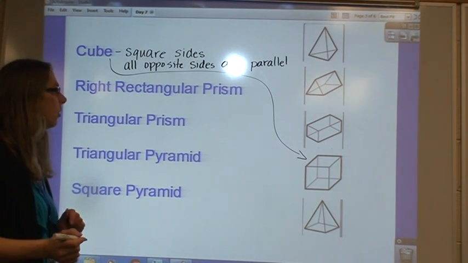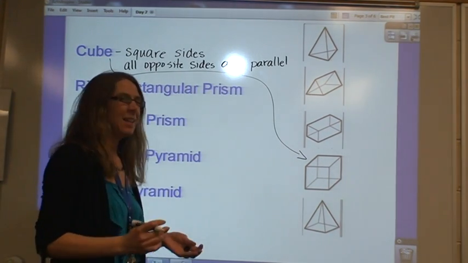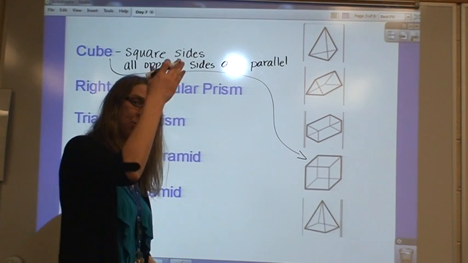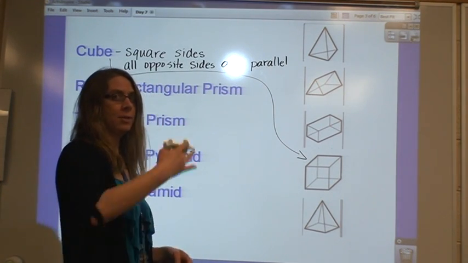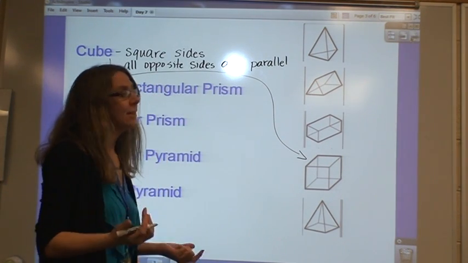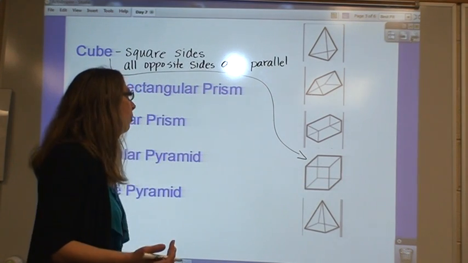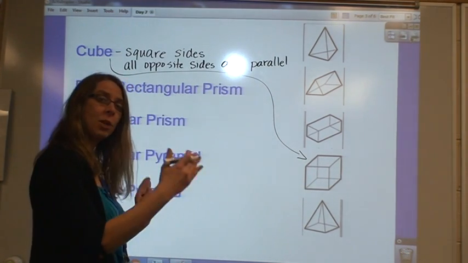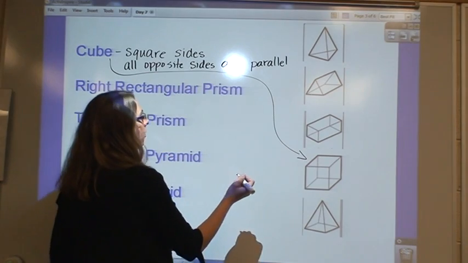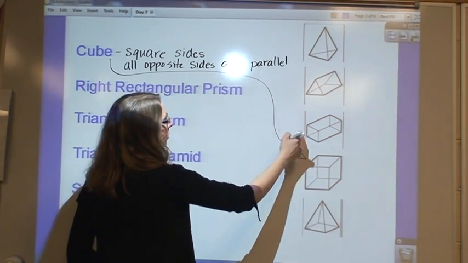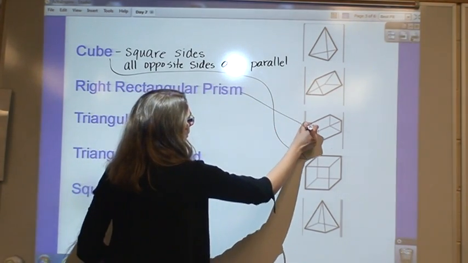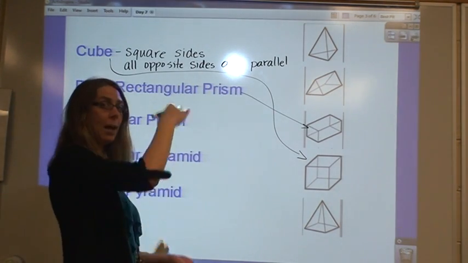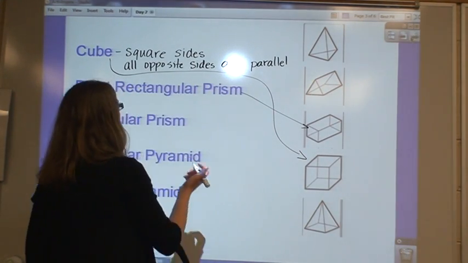A right rectangular prism: what that means is it's right because it's standing straight up, and you consider that a right angle if something is standing straight up. And a rectangle obviously is a rectangle. A prism means that the bases are parallel to one another. So a right rectangular prism is actually this one right here, because it could stand straight up. It's not going to be sideways at all or crooked.